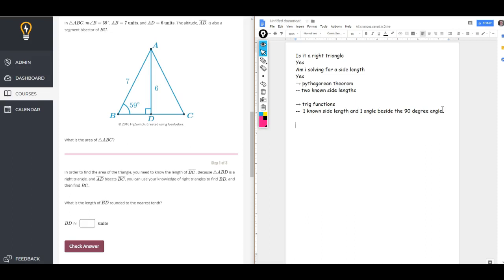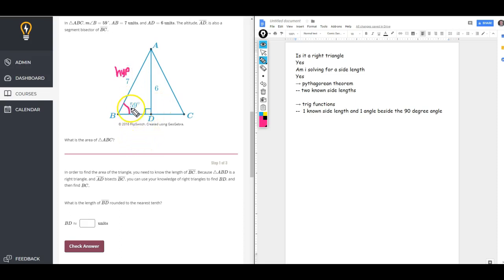I will do the trig functions. I'll show you the steps on that, and then I'll show you the steps for the Pythagorean theorem. So for this one, I'm looking at this and I'm asking myself, okay, well, from 59 degrees, what are the sides going to be labeled as? We always know that the side length across from the 90-degree angle is the hypotenuse because it is the largest side.